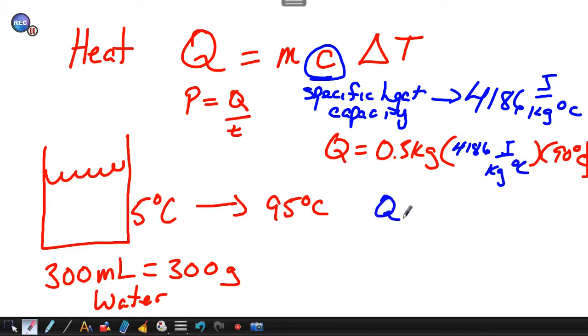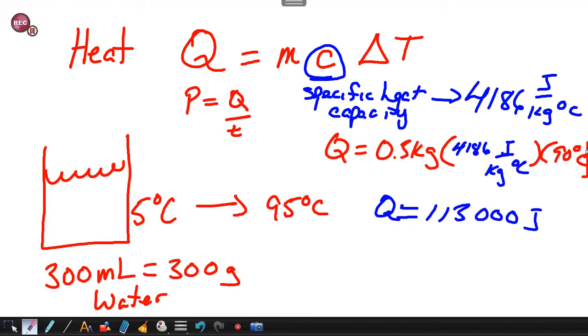So the energy we would need is multiplying all this out. 90 times 4186 times 0.3. And so we need 113,000 joules. And note the degrees Celsius and the kilograms cancel out.